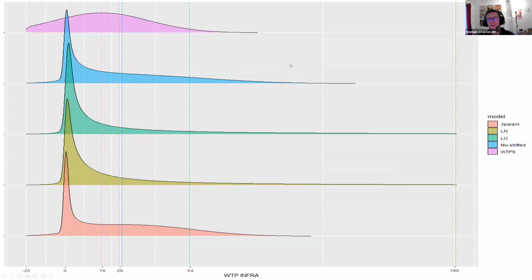So here, this is the distribution for infrastructure for the data set on flood risk. And we can see that the willingness to pay space approach gives a shape which is fairly different than the log normal approach, the log uniform approach, and the mu shifted approach.